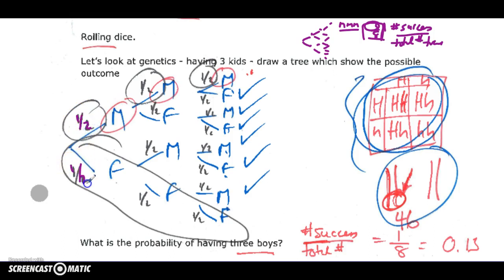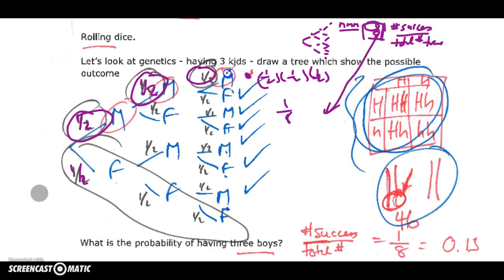In this case it's a little bit boring because each branch has a 1/2 on it, because there's a 50-50 chance of a male or a female. If you want to end up over here by following this branch, the probability of getting here is 1/2 times 1/2 times 1/2, which is 1/8, the same answer as this.